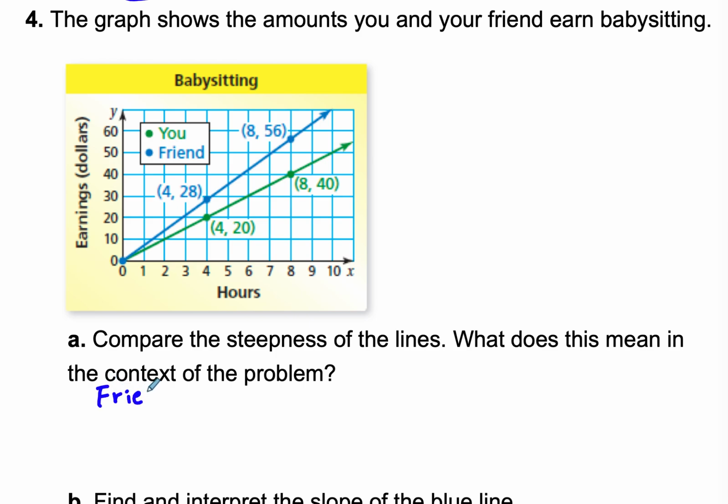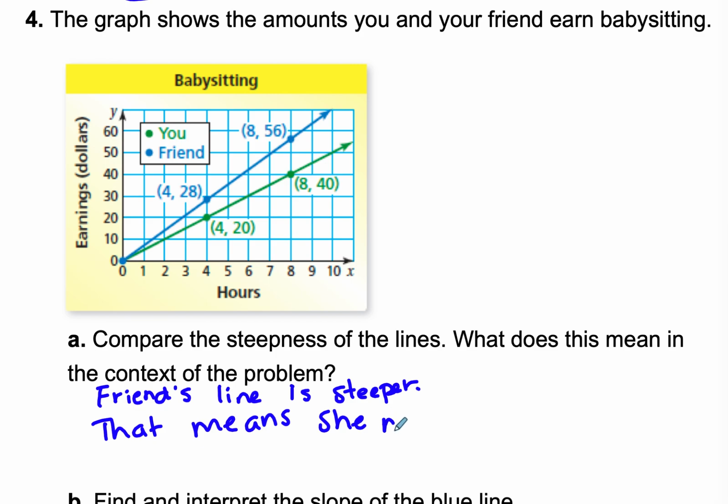Friend's line is steeper. That means she makes more money per hour.